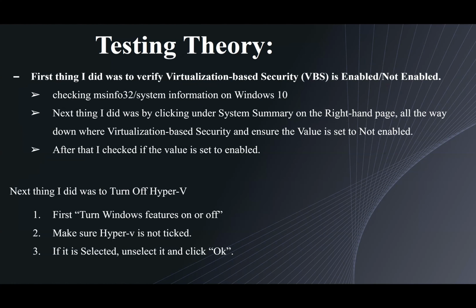I clicked on System Summary on the right-hand page, went all the way down to Virtualization-based security, and ensured the value is set to not enabled. After checking that, the next step was to turn off Hyper-V. Here are the steps to turn it off.